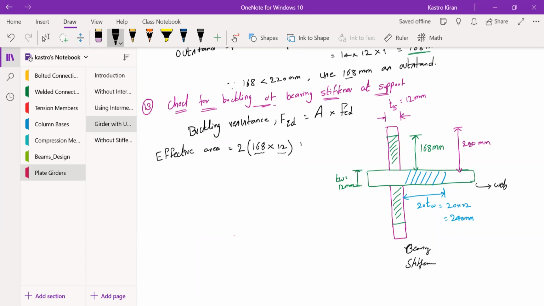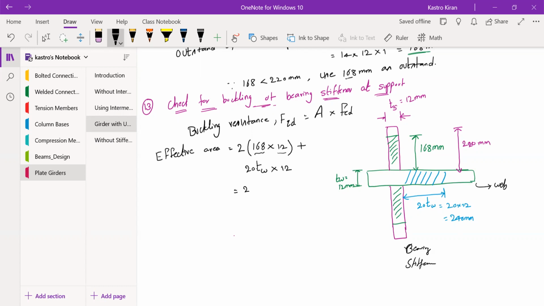Plus the area of the web. That is technically 20 times TW into the thickness of the web, which is 12. You know that 20 times TW is 240 mm.